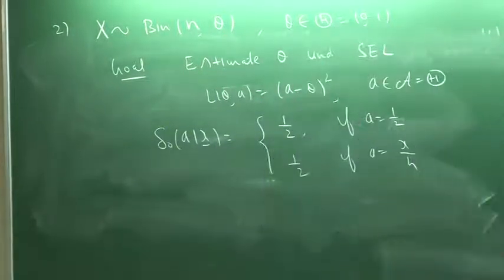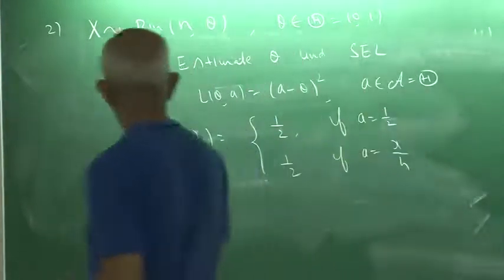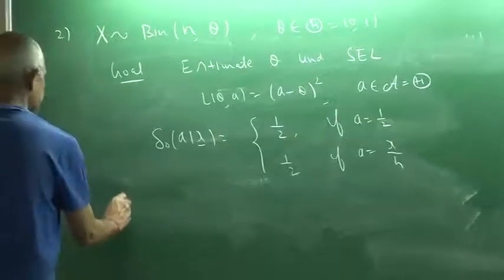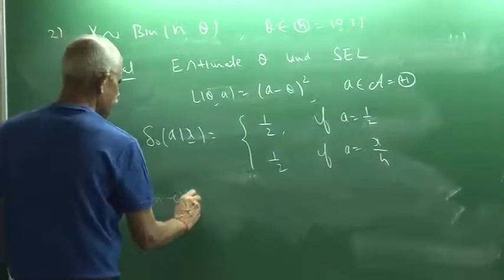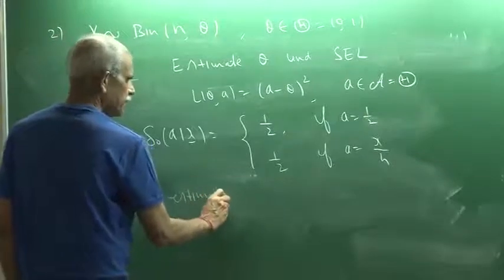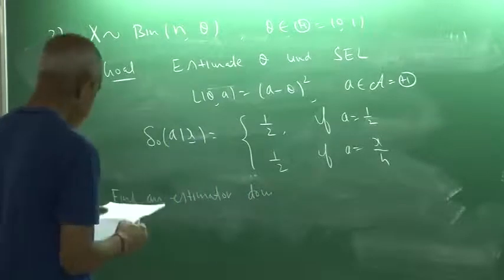Find a randomized estimator that has uniformly smaller risk than delta naught, or in other words, find an estimator dominating it.